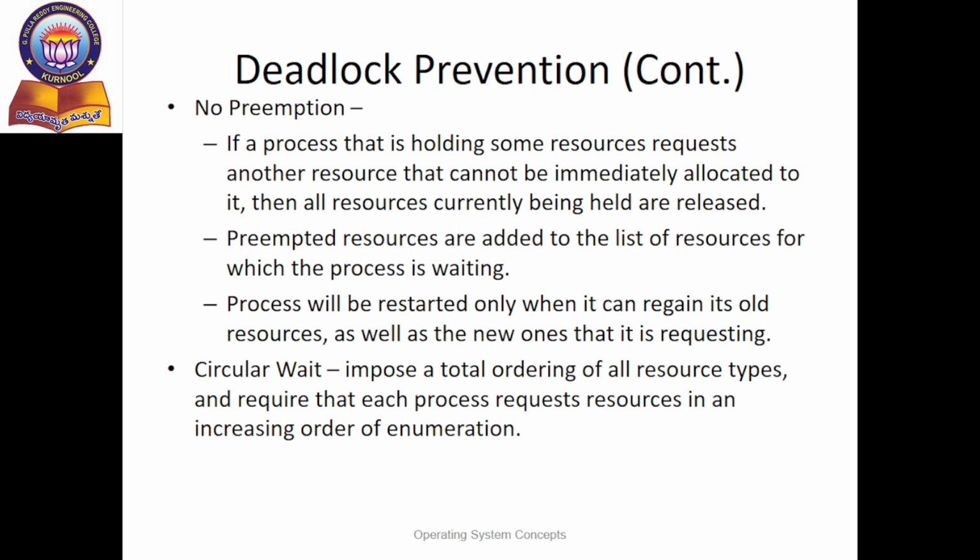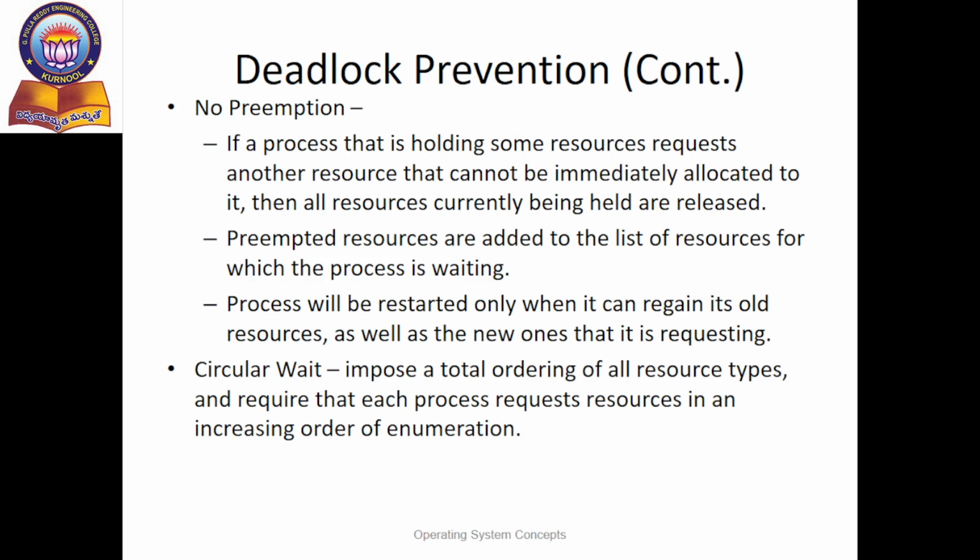That means if any process needs a resource that is held by some other process, it can forcibly take that resource from the other process. In this manner we are going to break the no preemption condition.